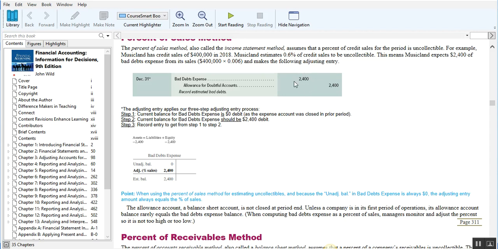What we're saying is, based only on these sales, we're anticipating this to be the write-off amount, the allowance amount. So we're just adding that to whatever's already there in the allowance account. We're not looking at the allowance account balance to consider what this amount should be. We don't really care at this point with a percentage of sales.